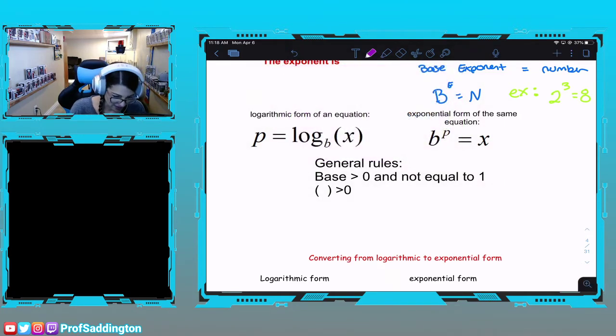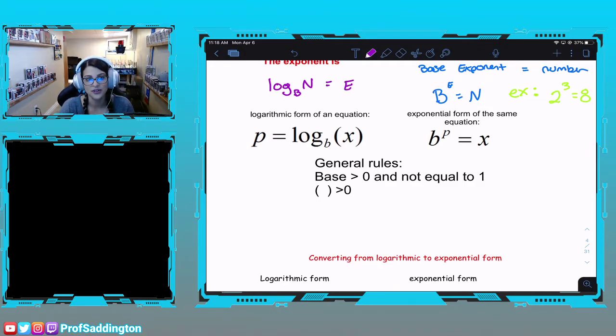And the reverse of that is putting something in log form. So log, where do bunnies hide? Bunnies hide in logs. So we would have log, your base number, your number, equals your exponent.